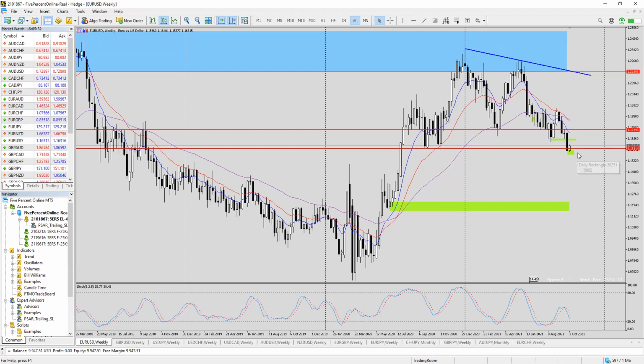The only case I see euro dollar breaking sharply to this zone, where basically there's nothing, it's just an open area, is if euro dollar breaks down, it will probably happen along with sharp down moves in the financial markets.